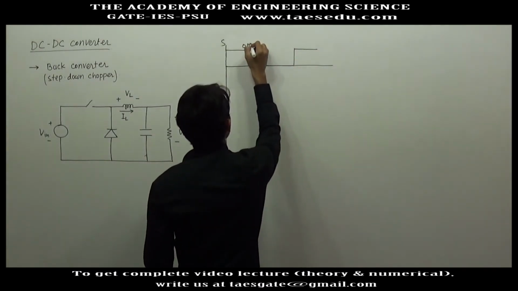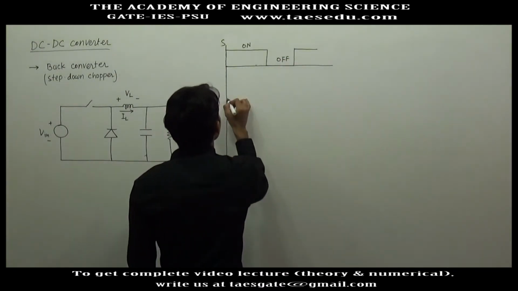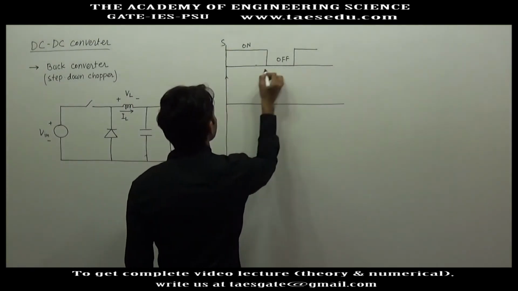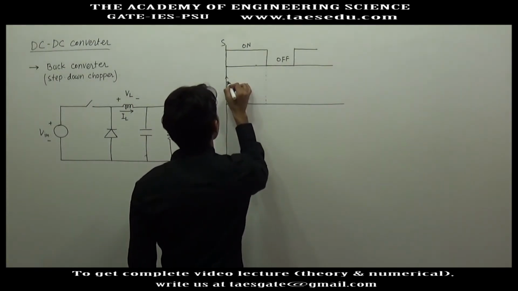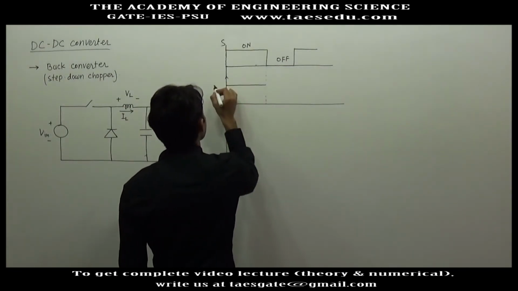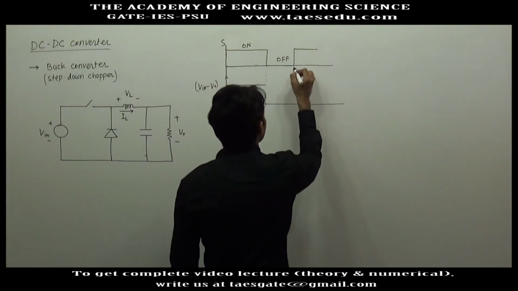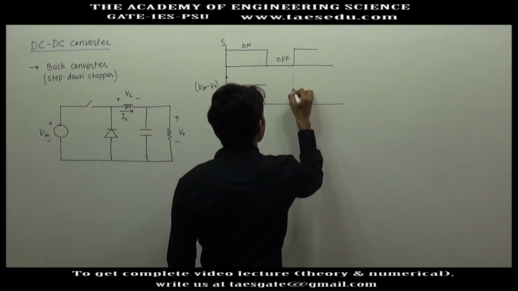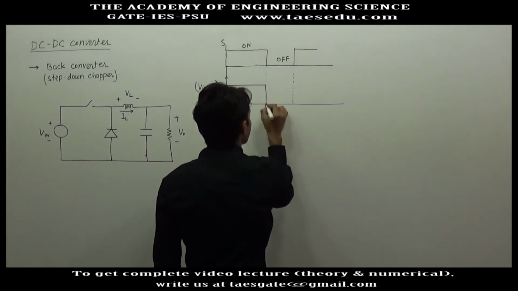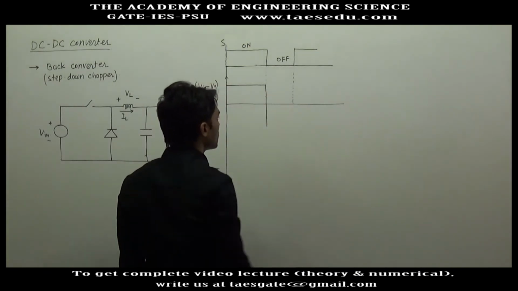This is the switching sequence. When switch is on, inductor voltage is V input minus V output, and this height is V input minus V output, and when switch is off, the voltage is minus V naught. Width is fixed, so I will take magnitude of V naught such that the positive area equals the negative area.